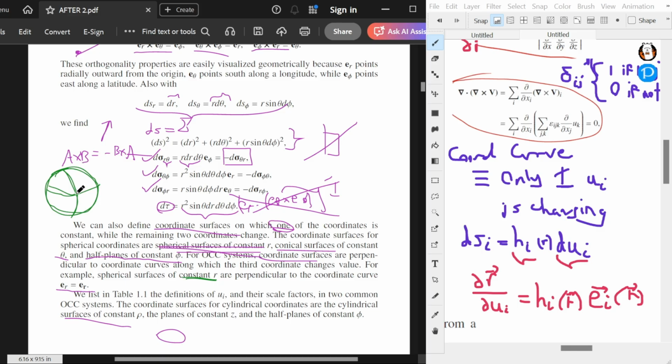So if r is constant, this is the origin. Let's have one of our points be here, and theta isn't constant, so we can move all around. We can move our thetas around.